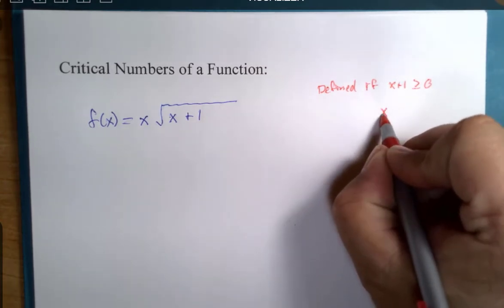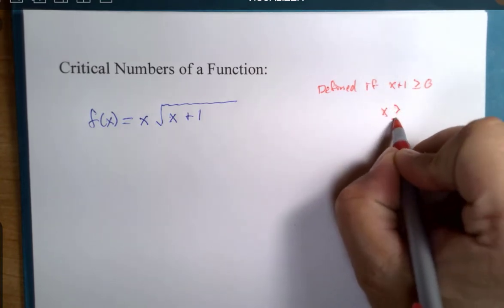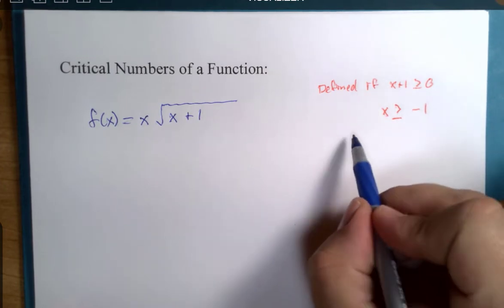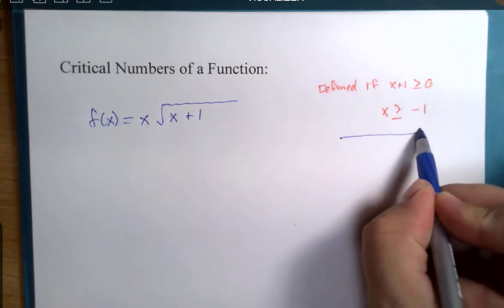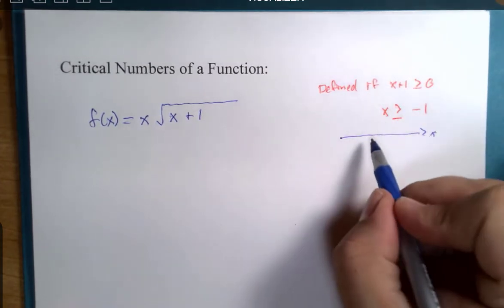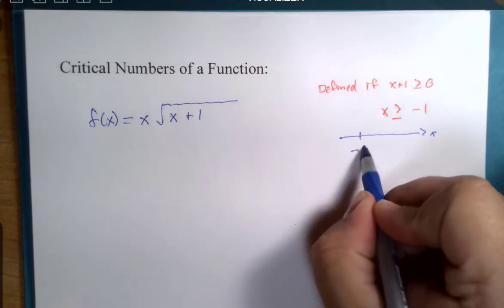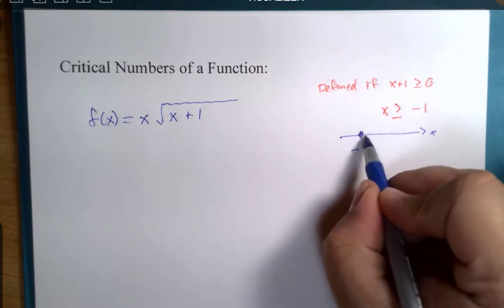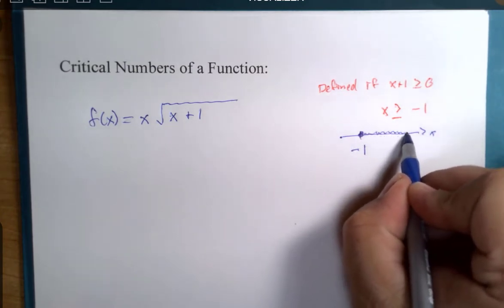We end up here that x must be greater than or equal to negative 1. On the number line, looking at the x-axis alone, that means x could be negative 1 or anything larger than negative 1.